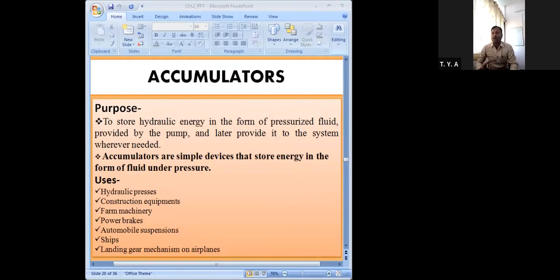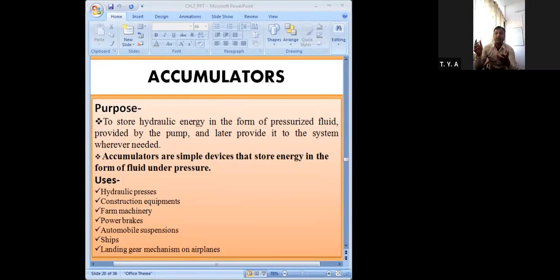So in simple words, I can give the definition: a hydraulic accumulator is a device which is used to store the energy of a fluid under pressure and make this energy available as a quick secondary source of power.